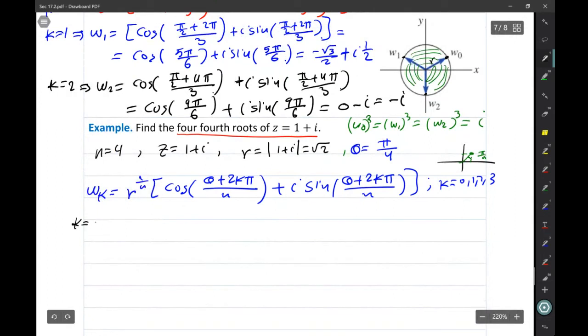Now when k is equal to 0 you will get W naught. How much is R?